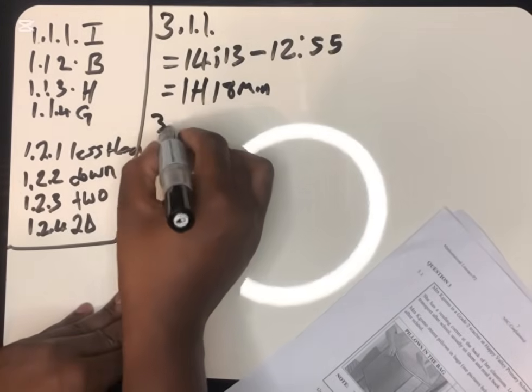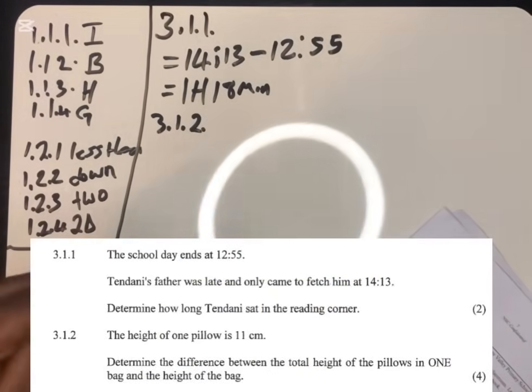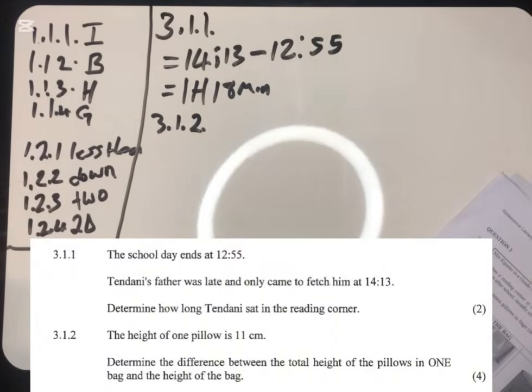Then we move to 3.1.2. It says the height of one pillow is 11 centimeters. Determine the difference between the total height of the pillows in one bag and the height of the bag.